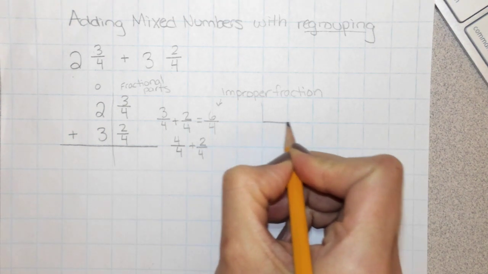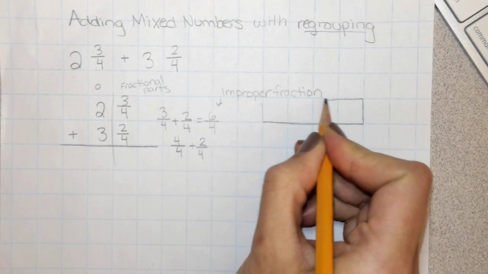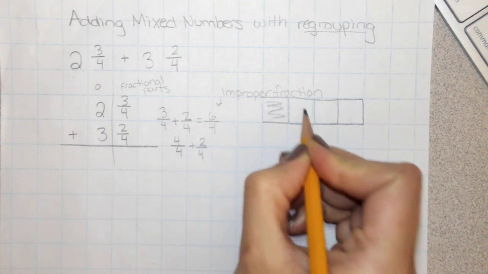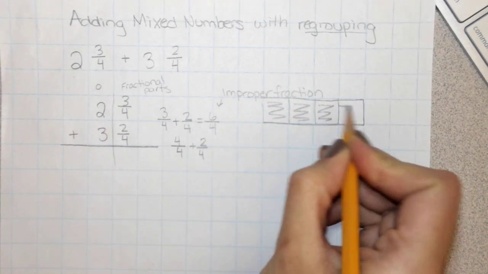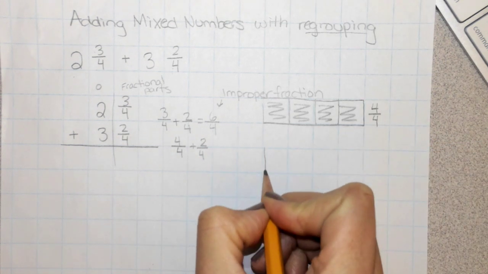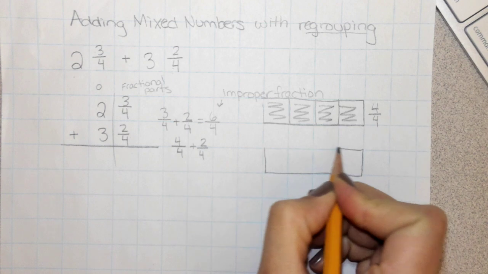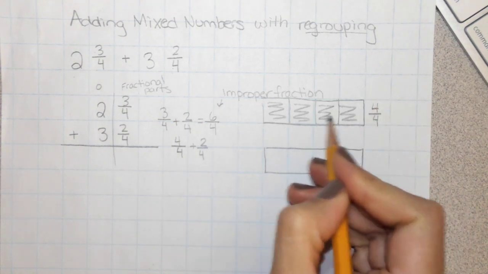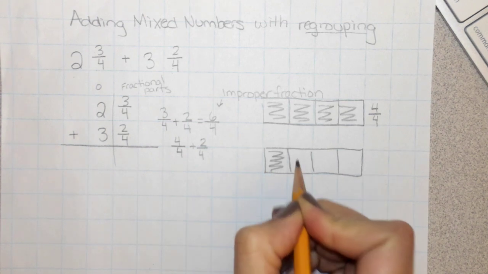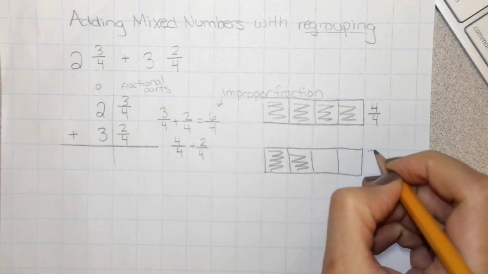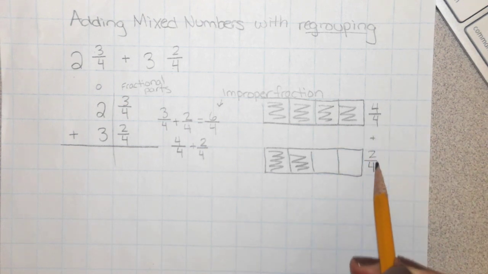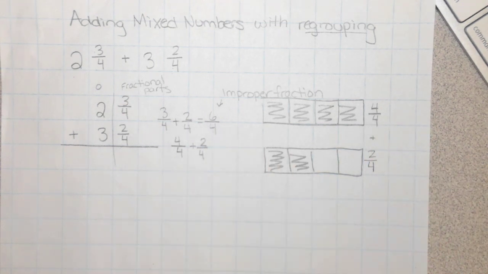In my shape model, I count 1, 2, 3, 4, that's 4/4, and then 1, 2, 3, 4, 5, 6. So this is 2/4. 4/4 plus 2/4 equals 6/4.